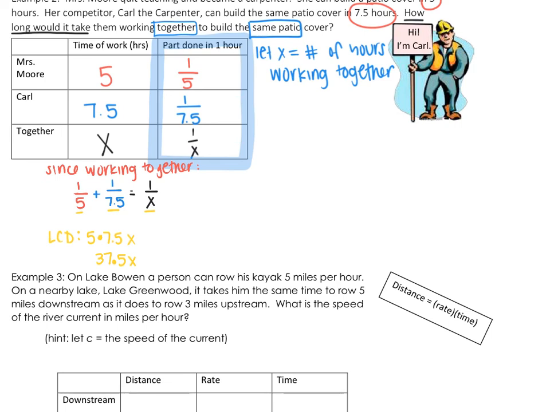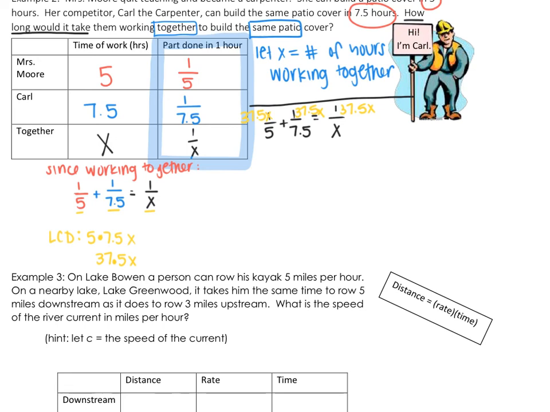So I've got my equation: 1/5 plus 1/7.5 equals 1/x. And I'm going to multiply every single thing by 37.5x. So that's my LCD.